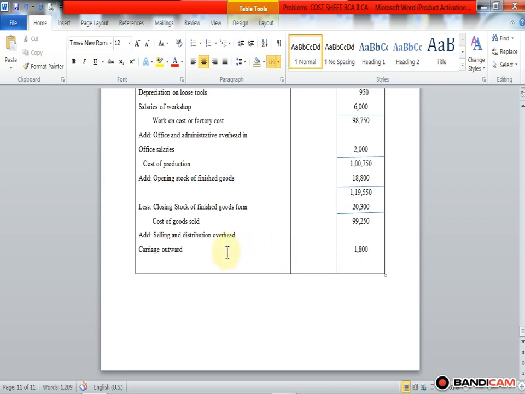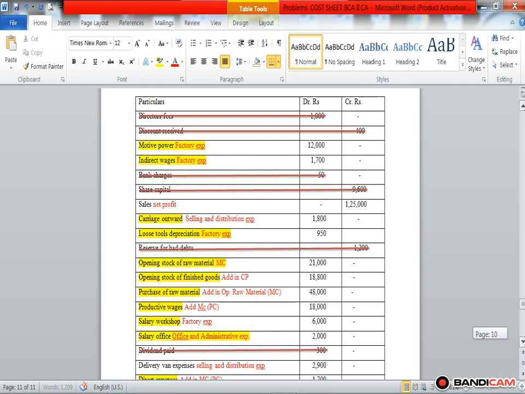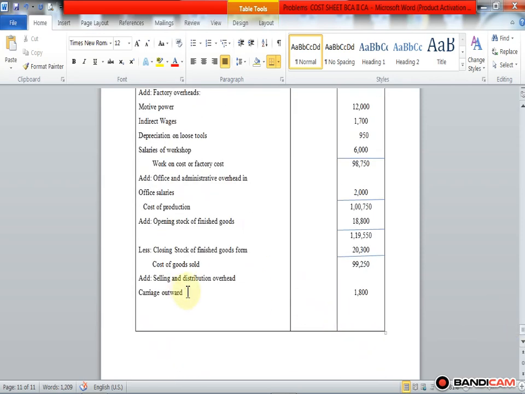Then find the other expenses which are related to selling and distribution. Here only delivery van expenses are given, so we transfer the delivery van expenses under the head of selling and distribution overheads. Delivery van expenses 2,900.